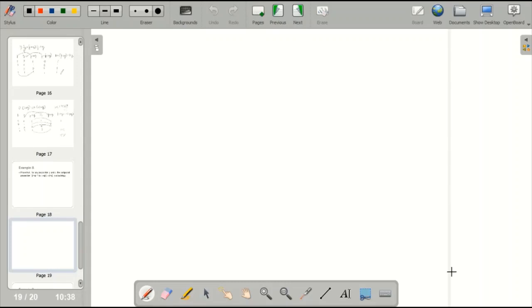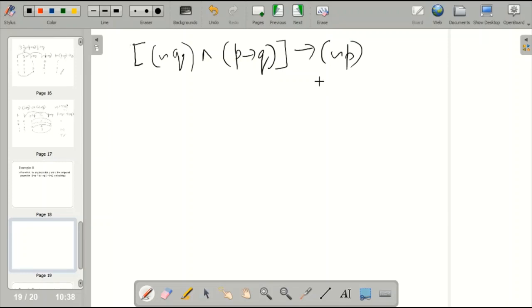So we'll write the question over here: square bracket, second square bracket, with negation of Q and P conditional Q, square bracket, conditional negation of P. Okay, let us solve this particular problem.